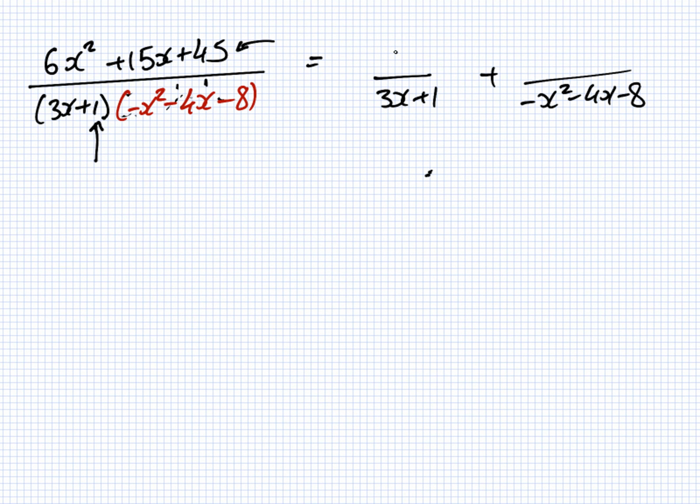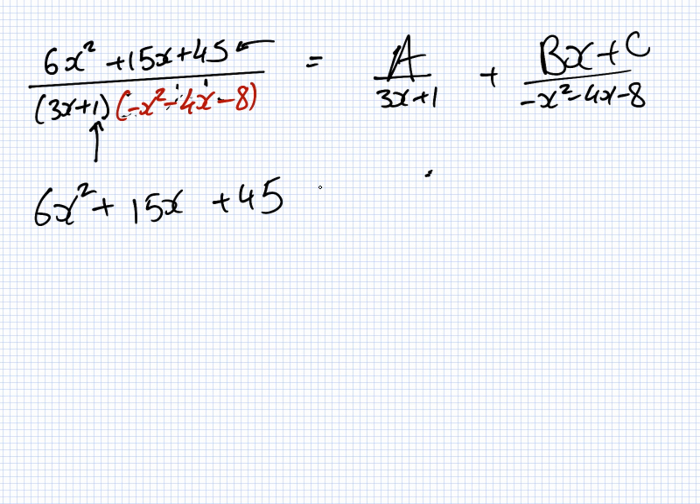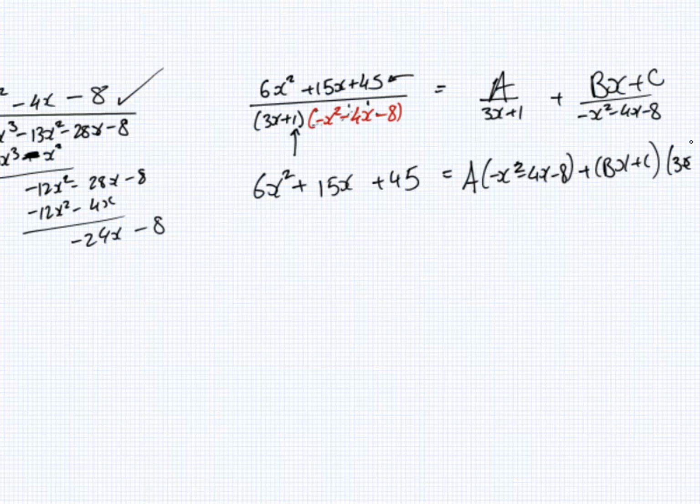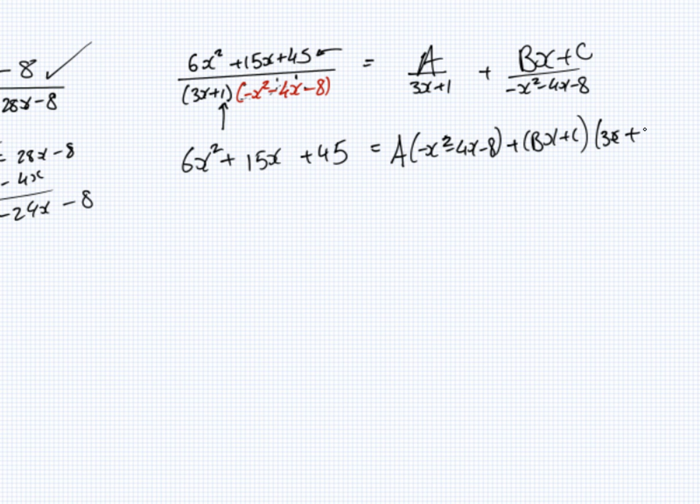Now, what do I have on the top here? A, bx plus 2. Okay, so I get 6x squared plus 15x plus 45 equals, now if I multiply by these two, I'm left with minus x squared minus 4x minus 8 plus bx plus c times 3x plus 1.